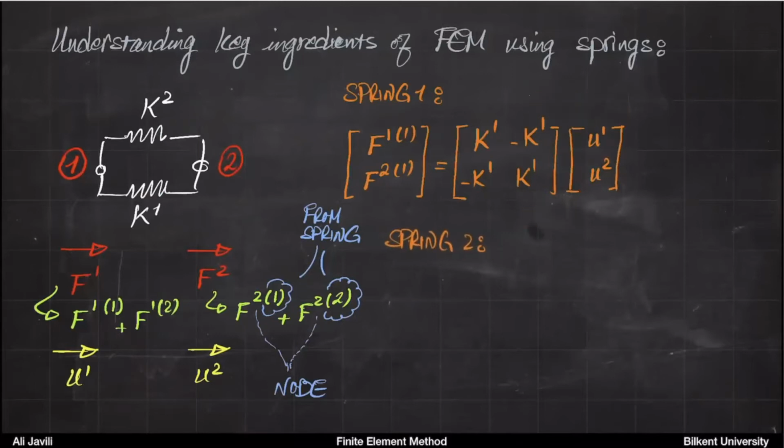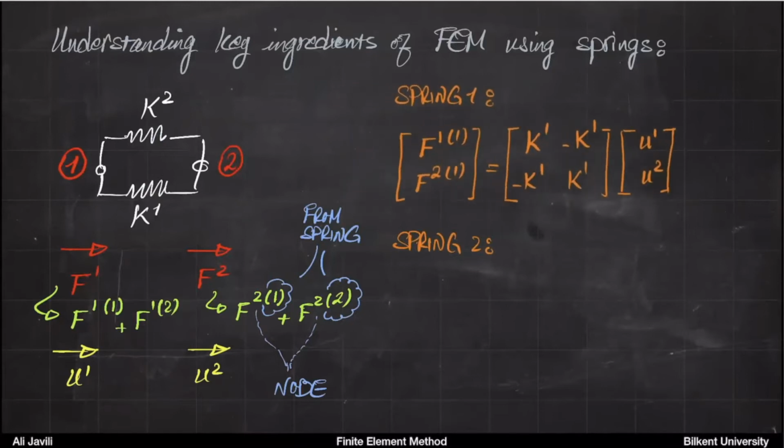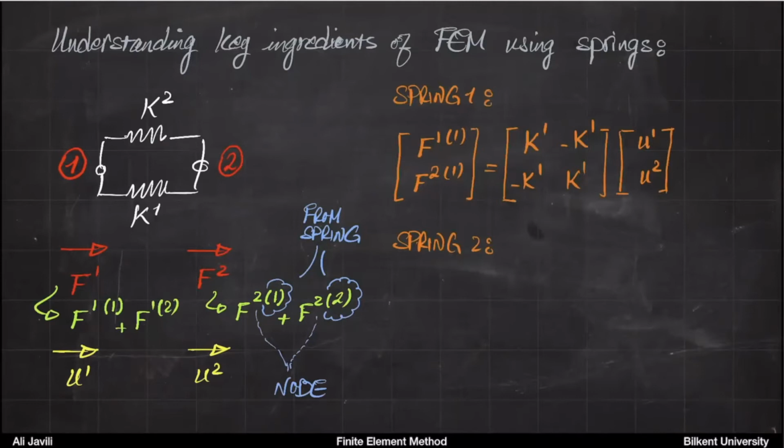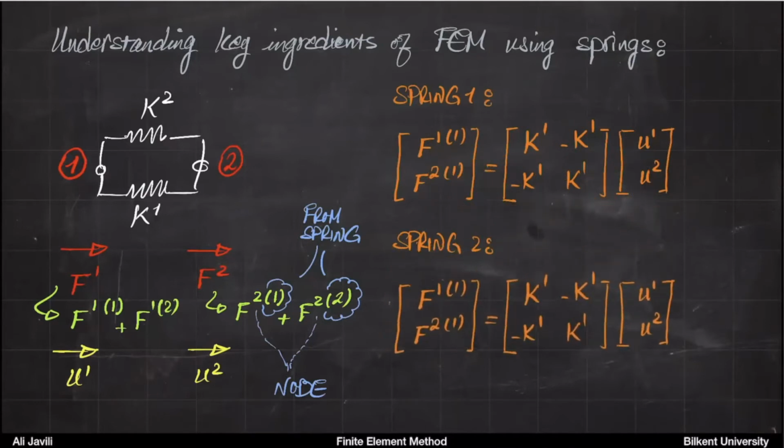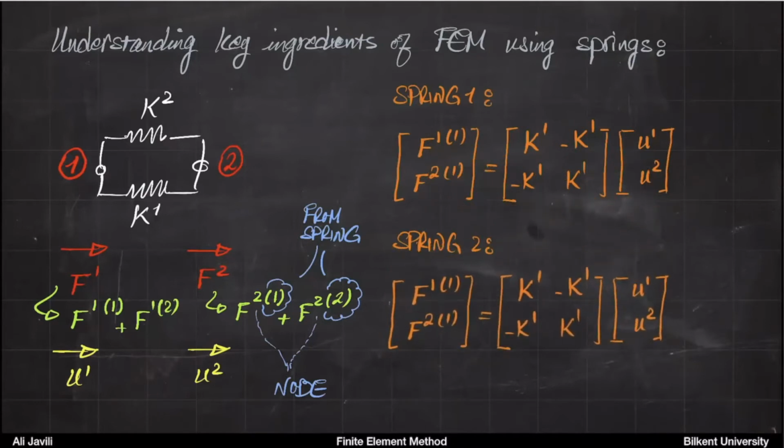Okay, now I do the same thing for spring 2. Let me just organize this a little. Okay. So now if you do the same thing for spring 2, it's very easy. You can exactly take what we have written up there and rewrite it again, but we need to adjust for these numberings.